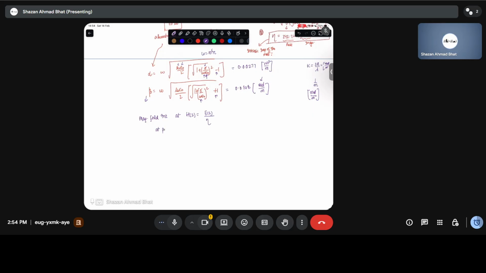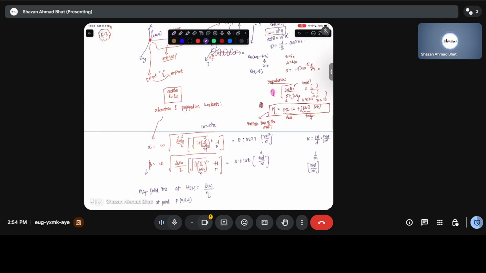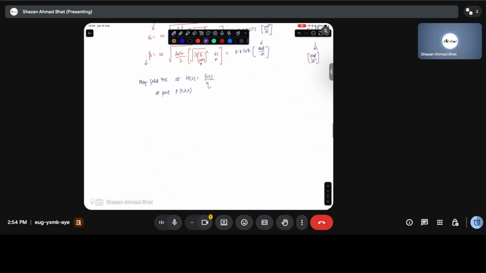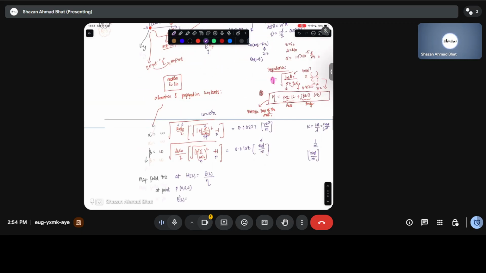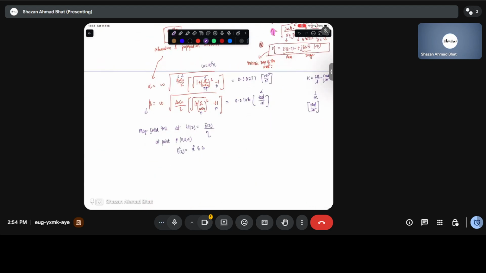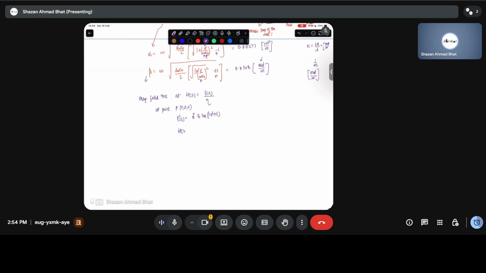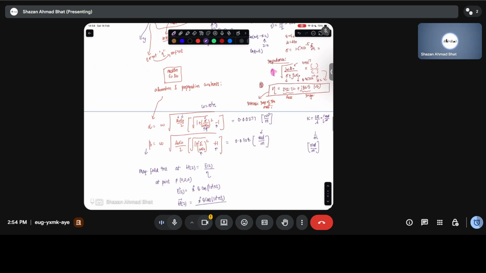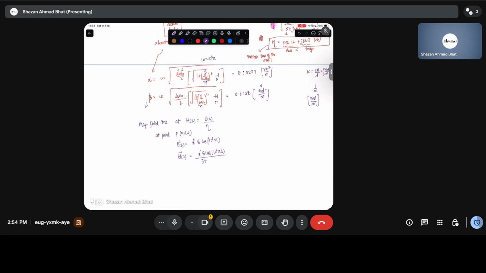And at point 0, 0, 0, that means point P, which is basically the origin, you are given the electric field intensity. How much is it? The electric field intensity was given as x cap 8 cos of 10 to the power 6 pi t. You can find H of z as x cap 8 cos of 10 to the power 6 pi t divided by this value, which is 342.72 plus j86.5.